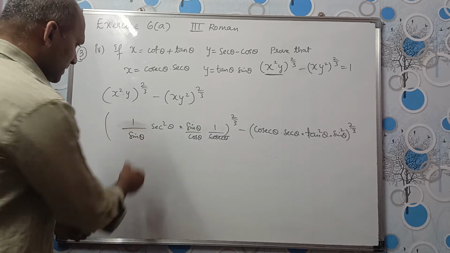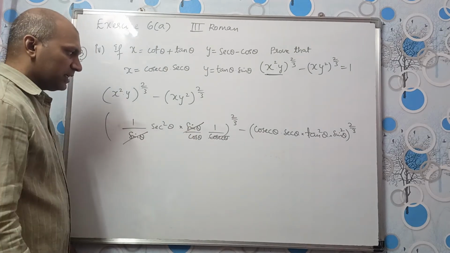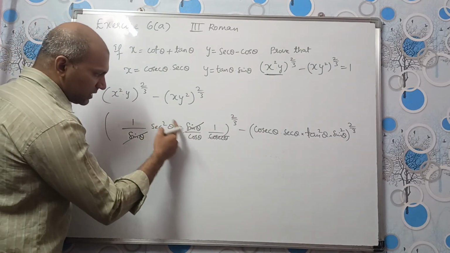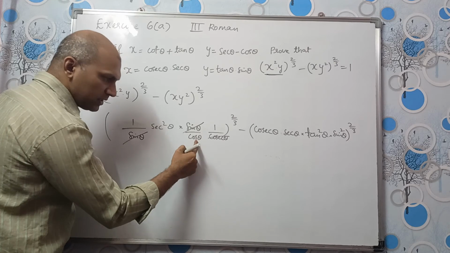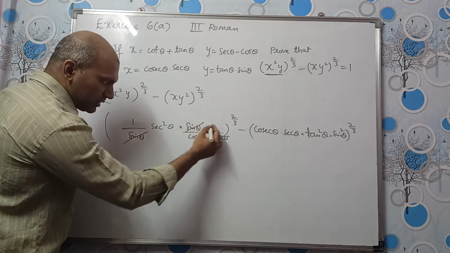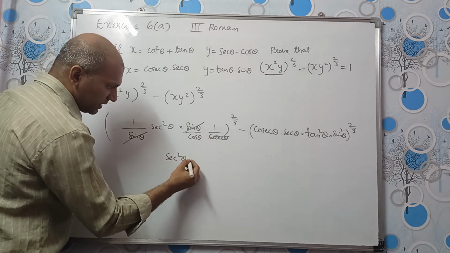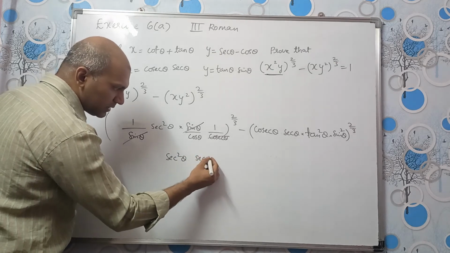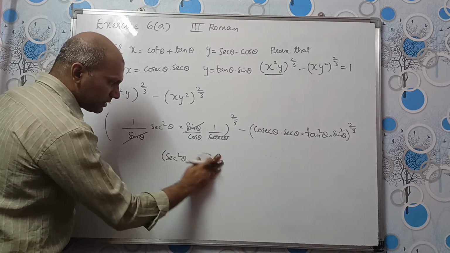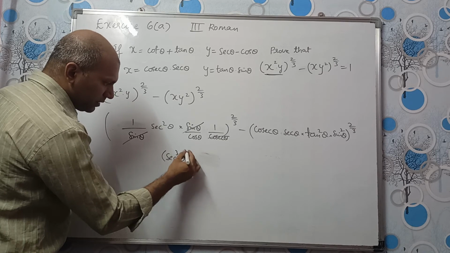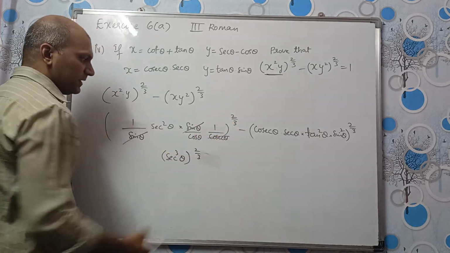So this sin theta will get cancelled. So we have secant square in the division by cos. So this is 1 by cos, and 1 by cos is again secant. So this will be secant cube theta whole power 2 by 3.